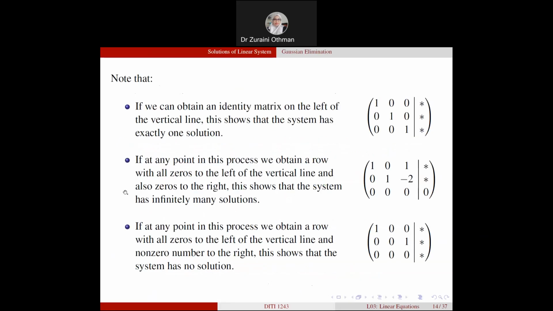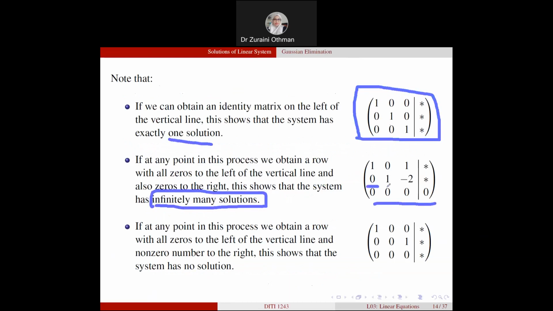How to solve it? We find that our matrix has one solution if it can get this pattern. And if it is like this, the system has infinitely many solutions.